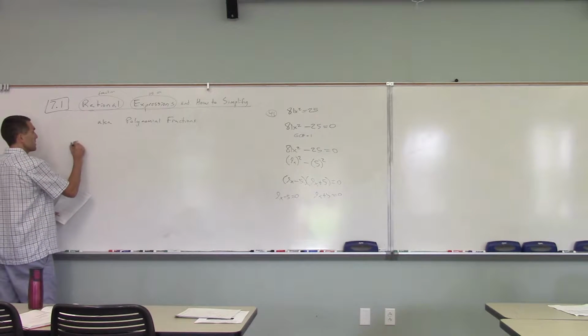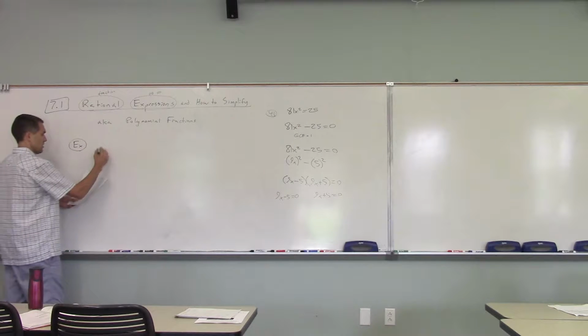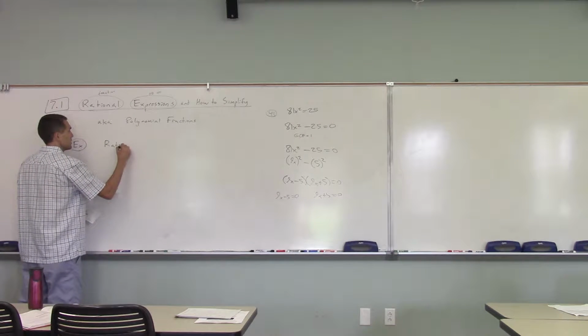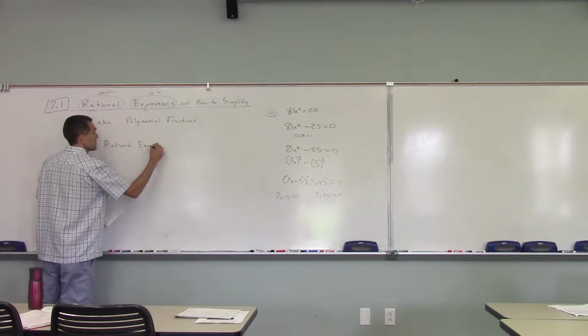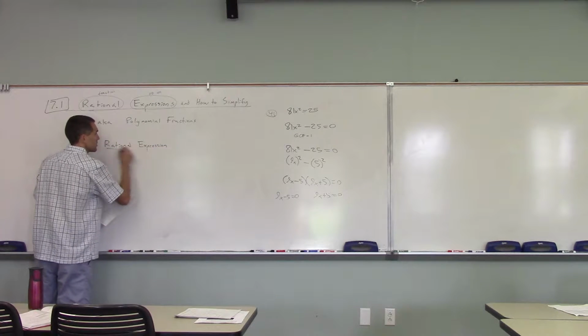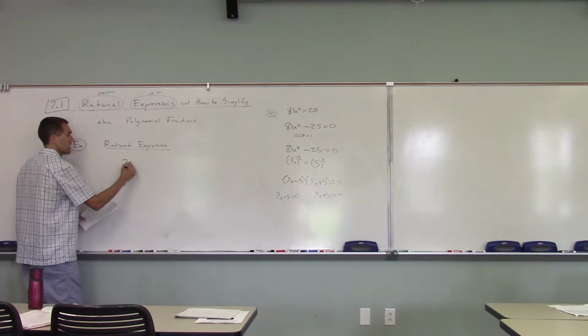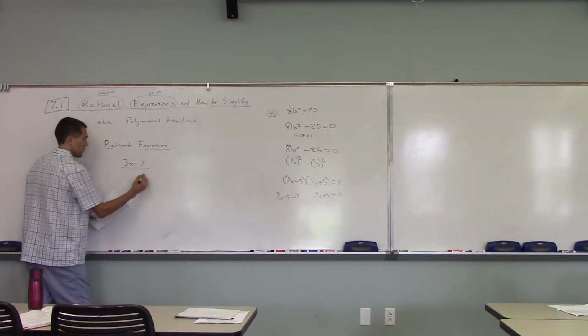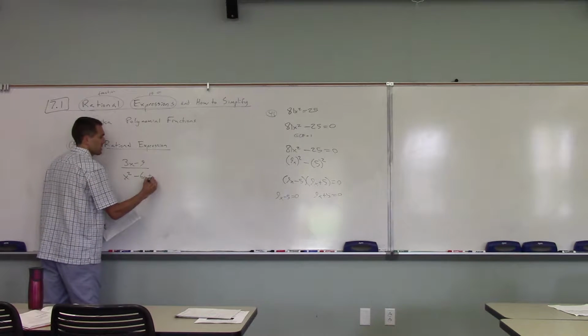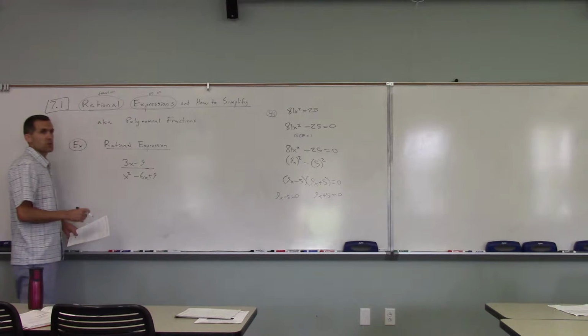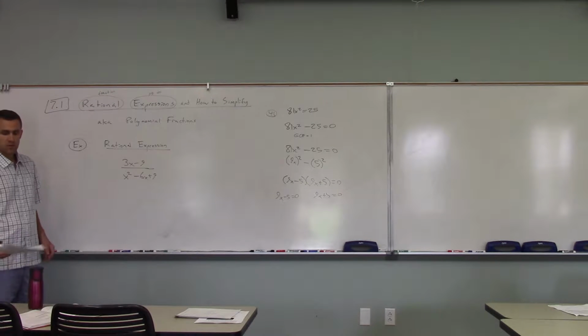So an example of this is, here's the rational expression. Like 3x minus 9 over x squared minus 6x plus 9. So we got a polynomial over a polynomial.